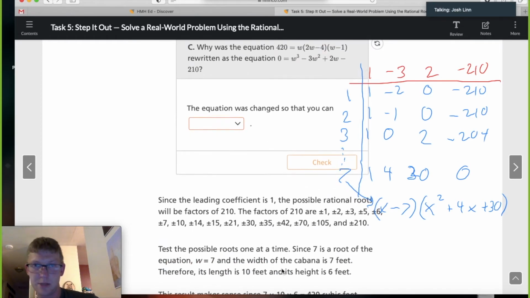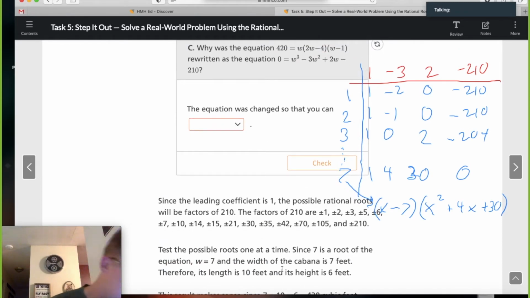So we tested possible roots. Since r is a root of the equation, w equals 7, the width of the cabana is 7 feet, therefore the length is 10 feet. So if the first root that you find makes sense in the problem, then you are good to go.